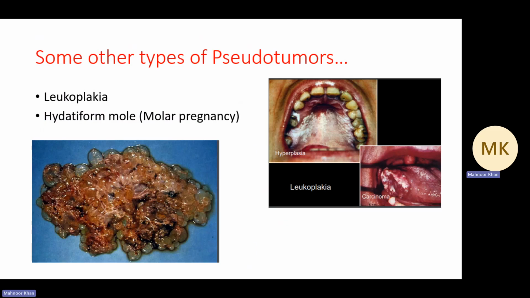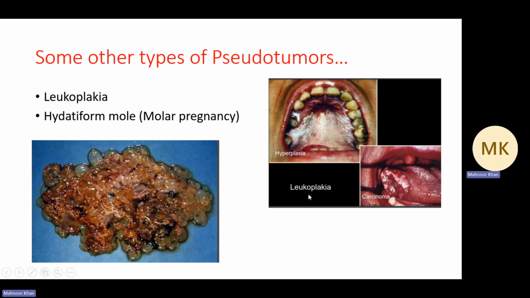Okay. Some other types of pseudotumors, which are good to mention and are also mentioned in your lecture on pseudotumor. Well, leukoplakia. What is leukoplakia? Leukoplakia is simply a white patch. And here you can see, for example, the white patch can be hyperplasia, just hyperkeratosis, or it can also be carcinoma.